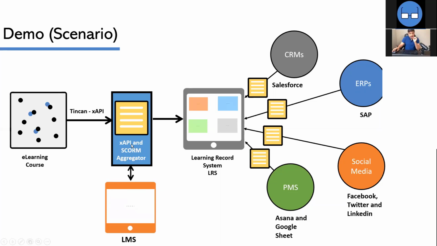And the same xAPI file is in here, but this aggregator has a feature called statement forwarding. You can forward all the statements to the LRSs, right? So it will give you all the statements that are going on, and it will give you all the tracking information that is coming from this aggregator.